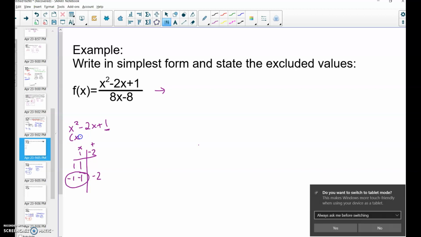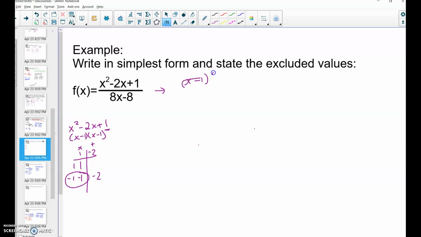My two factors end up being an x minus 1 and an x minus 1. So I'm going to go ahead and write that. And then on my denominator, I can factor out an 8 from both of those, and that leaves me with x minus 1. So now I'm going to list my excluded values.